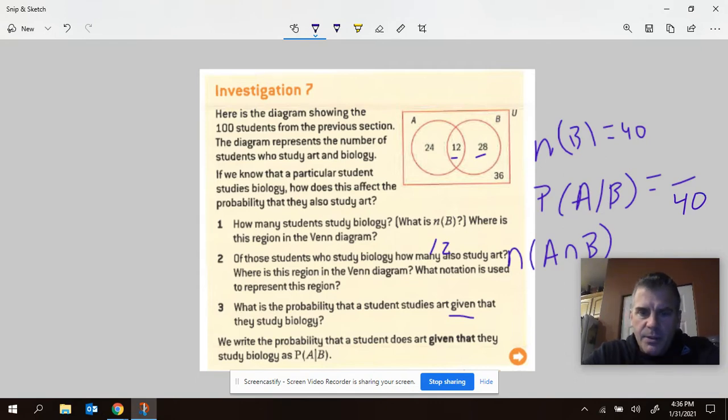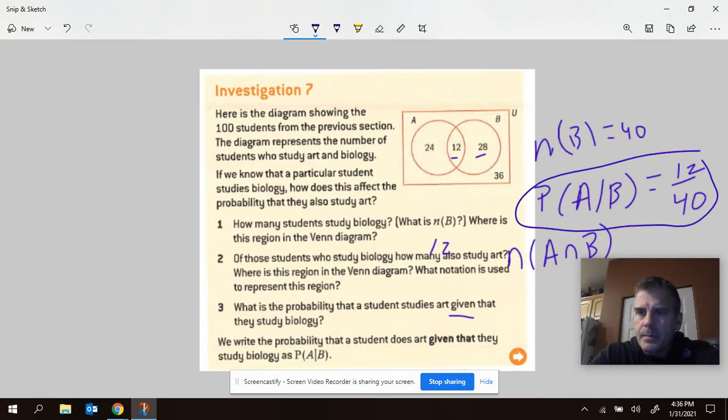And of those biology students, how many are studying art? That would be 12 out of 40. That 12 out of 40 can also be found using the formula I'm about to show you. So keep this in mind. We'll revisit this in a minute.